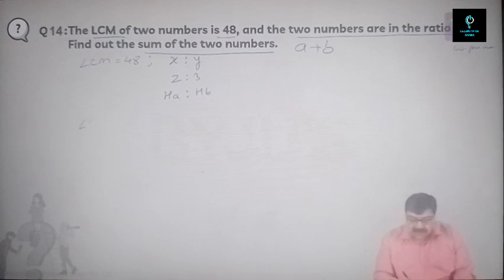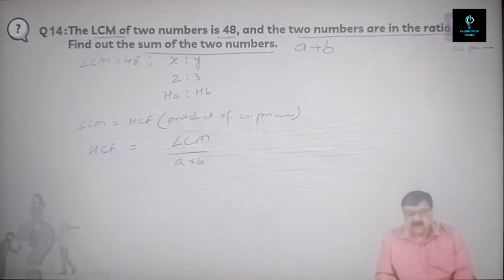So if we know that LCM equals HCF into product of co-primes, then HCF here equals LCM by the product of co-primes, which is A into B. So LCM is given to us as 48, and A and B here values are 2 and 3. So 48 by 6, which is nothing but 8. 6 8s are 48.